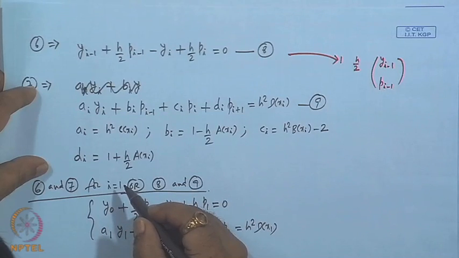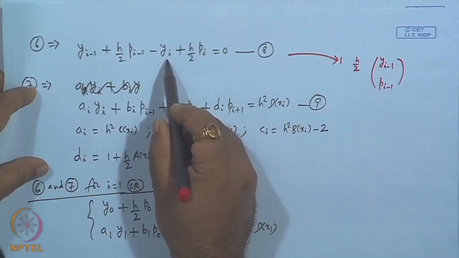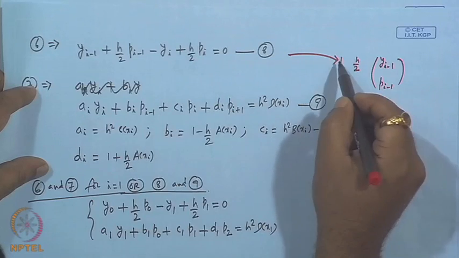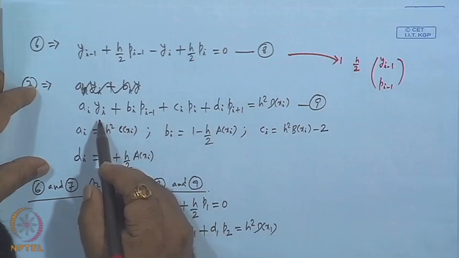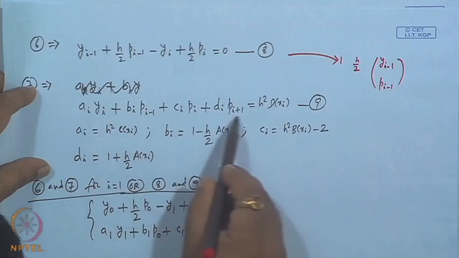Then similarly for y I and p I. So, that means from here if we pull out for y I minus 1 there is no coefficient.